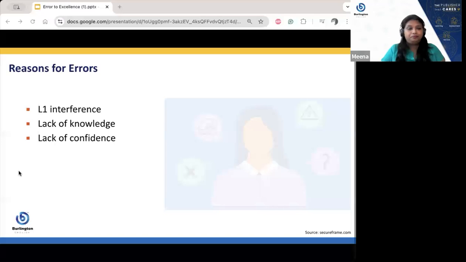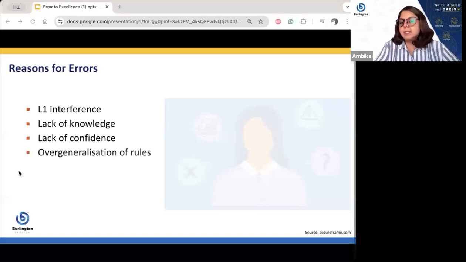So, in fact, lack of knowledge and lack of confidence is absolutely something that all of you have said. But I have one more thing here, which is very, very common among students: overgeneralization of the concept, or overgeneralization of the rules. In English, although we all really hate that there are so many exceptions in grammar, it's unavoidable. For example, take the possessive pronouns: Mary borrowed my book and John took hers.